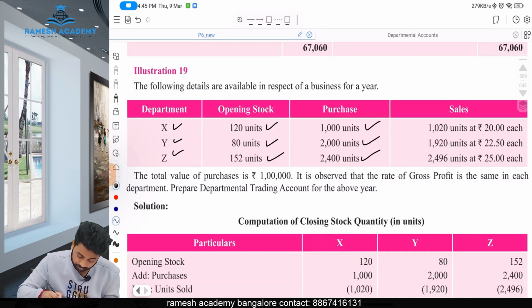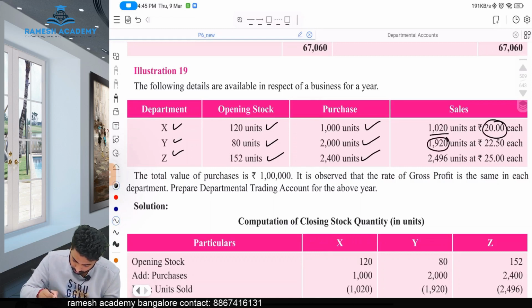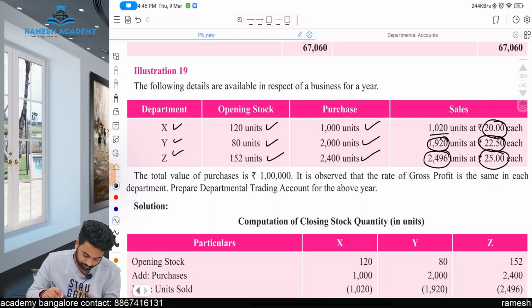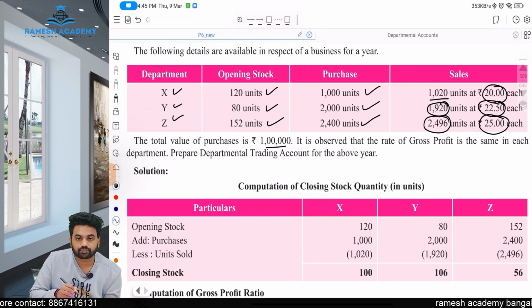Sales: X 1020 units at rupees 20 each, 1920 units at rupees 22.5, 2496 units at rupees 25. The total value of purchase is rupees 1 lakh.